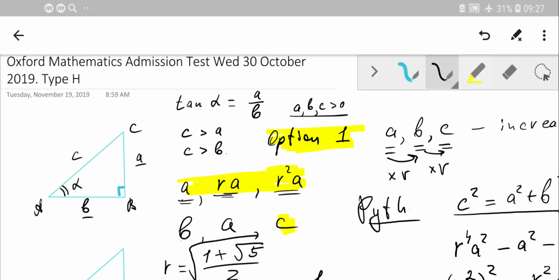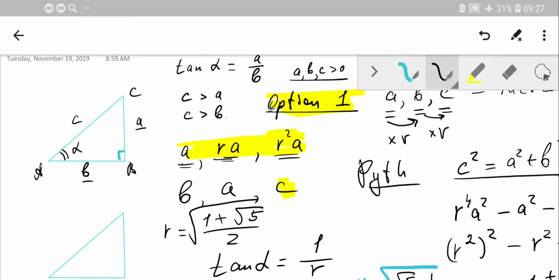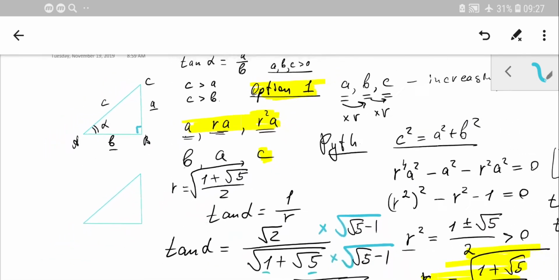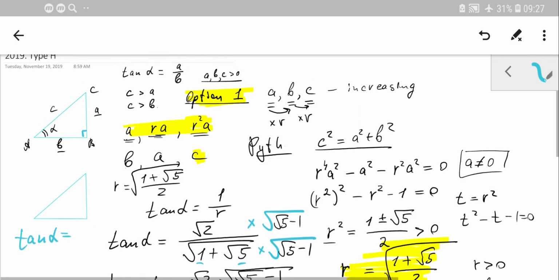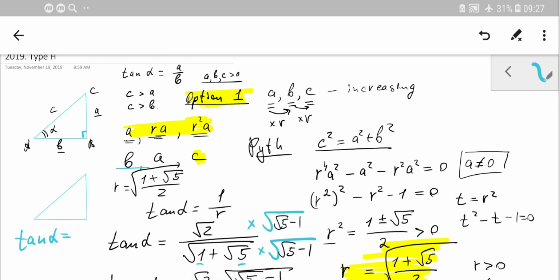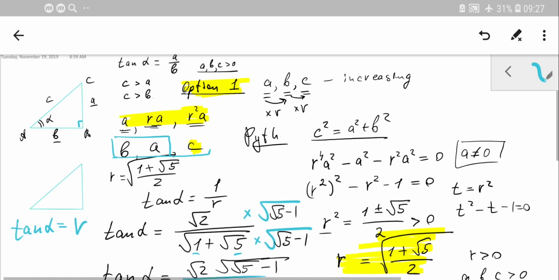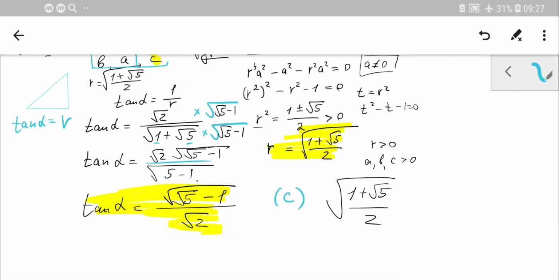Hence we have tangent alpha equal to A over B, which in this case will be R. So the second option for tangent alpha is also possible to be A over B, and when B is less than A, it equals R. And what we found recently, this is the second option: tangent alpha as the square root of (1 plus square root of 5, over 2).